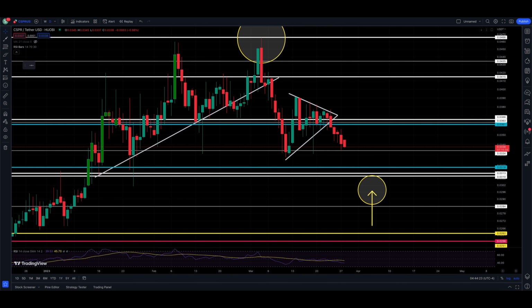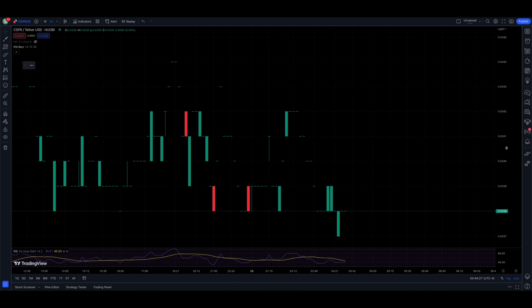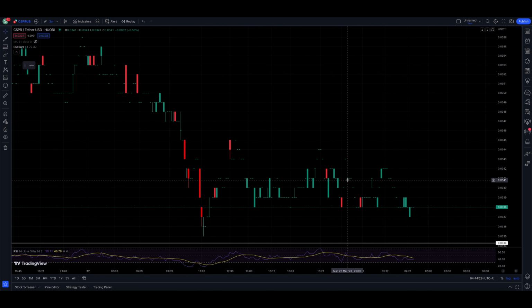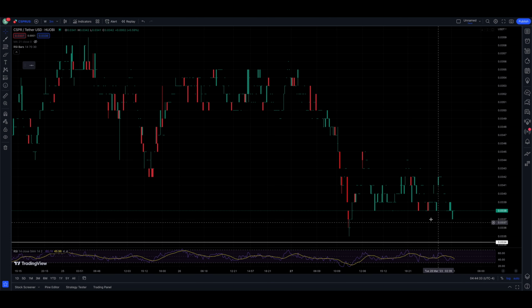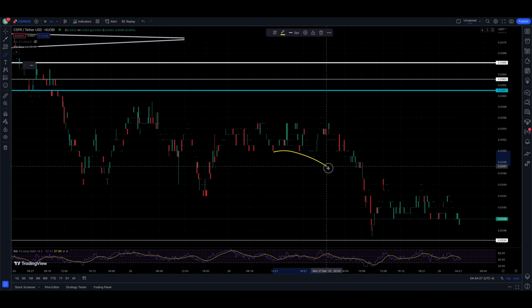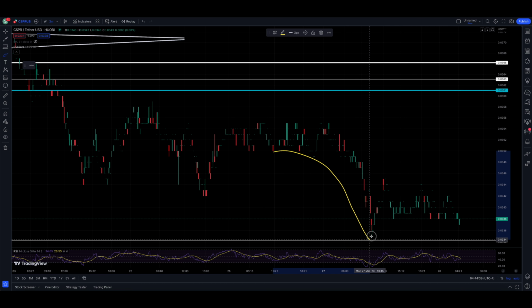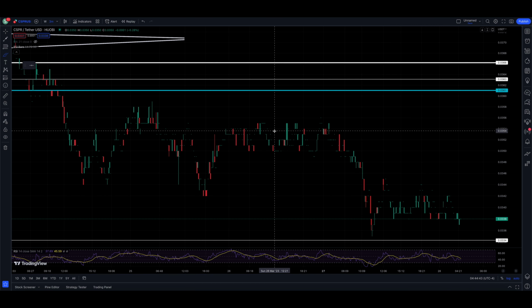I want to show you real quick on the 3-minute time frame. Here is an example of getting close to one of our lines right here. Almost there, and then getting a reaction to the upside. That's how these levels work, both to the upside and to the downside.